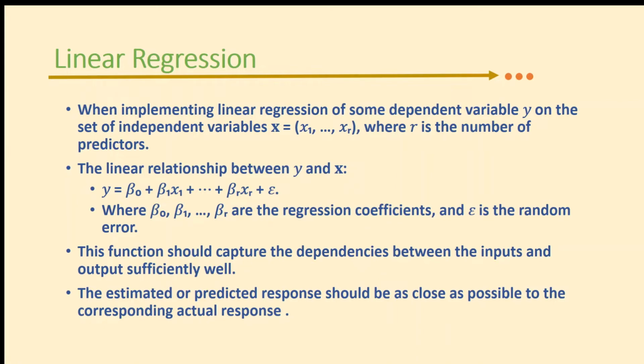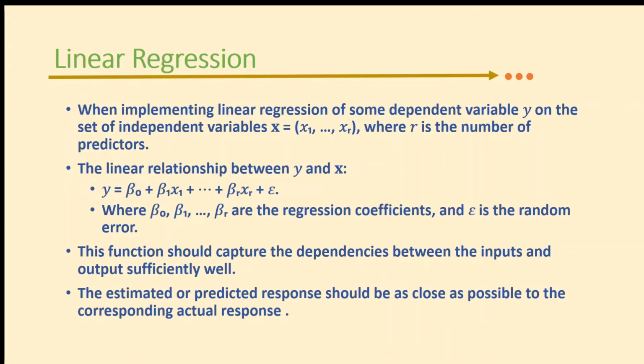Let us assume employee A has experience of 5 years, and employee B has experience of 6 years. Then the regression model says that the difference between these two employees is 1.2 times. That is, the salary of employee B is 1.2 times the salary of employee A. So this is an assumption we can make from the linear regression.